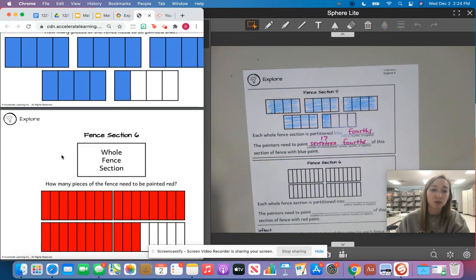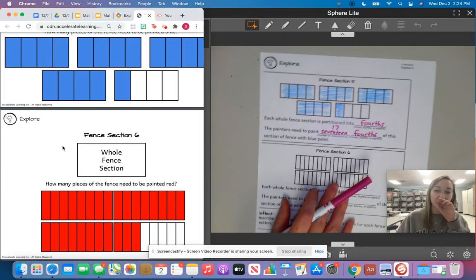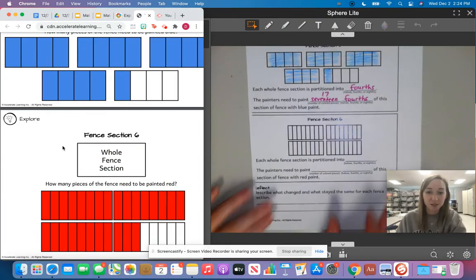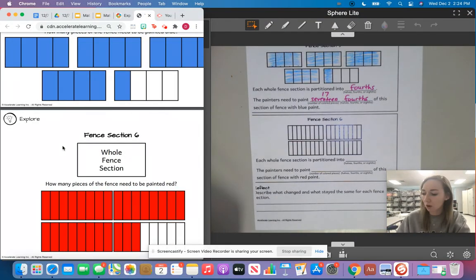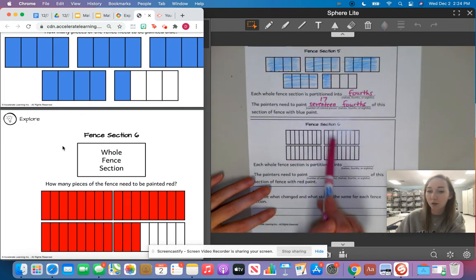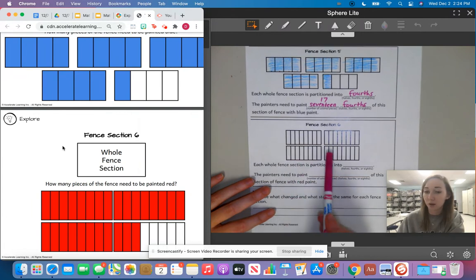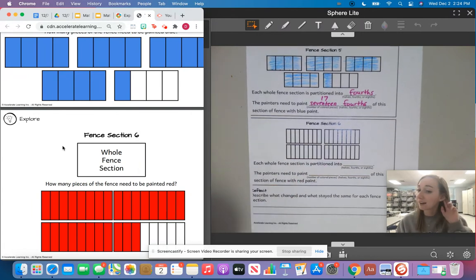We'll do this last one real quick. And we see fence section 6. Oh my goodness. How many whole fence sections do you guys see here? I see one whole fence, another whole fence, another whole fence, and another whole fence. That's 4 whole fences. And so each whole fence, let's see what each one is partitioned into.